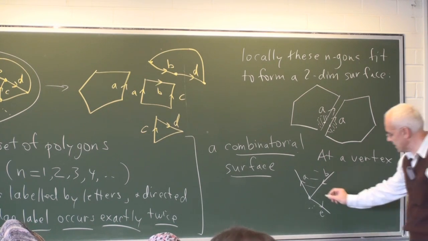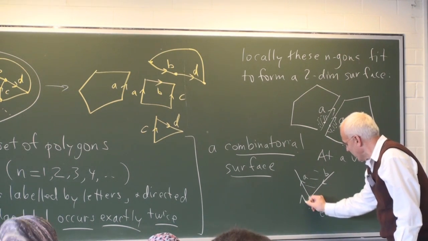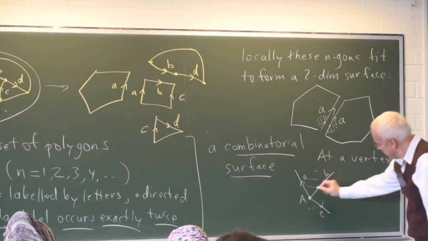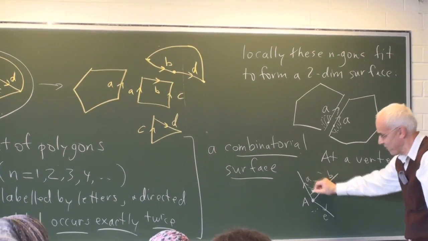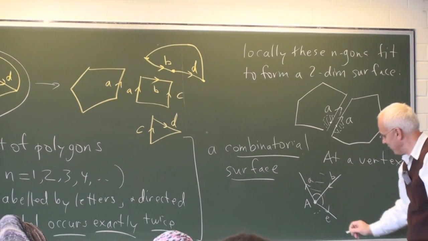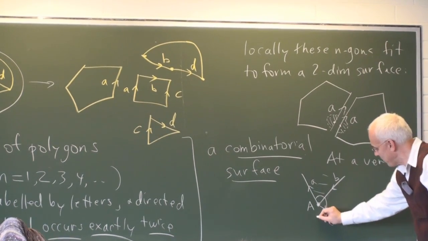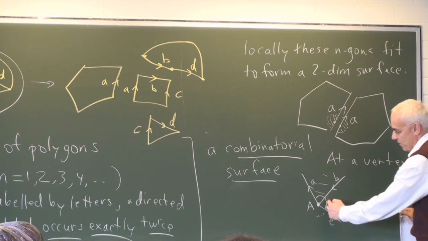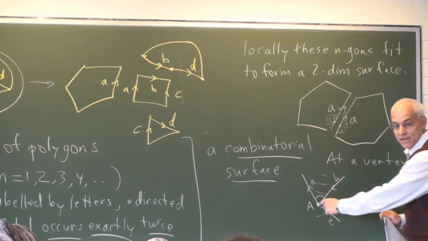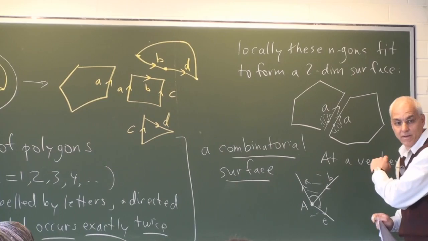As we're looking at this vertex, let's call it capital A, as we walk around it, we get a segment from the first polygon, and then a segment from the second polygon, and we keep on going. All of the edges that come together here form a cyclical pattern until we get back to the original one.